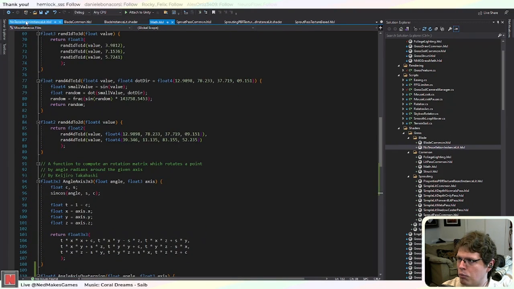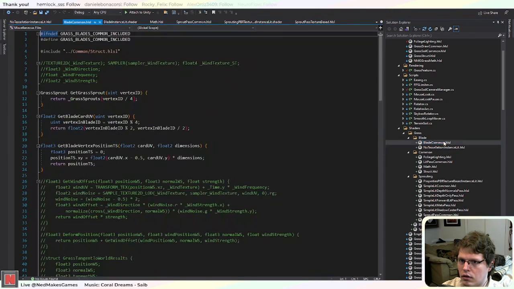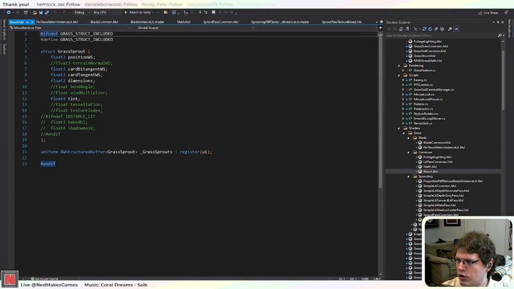So in that case, for the grass structure, I just would not pass this. I would just pass the bottom and top rotations, basically.